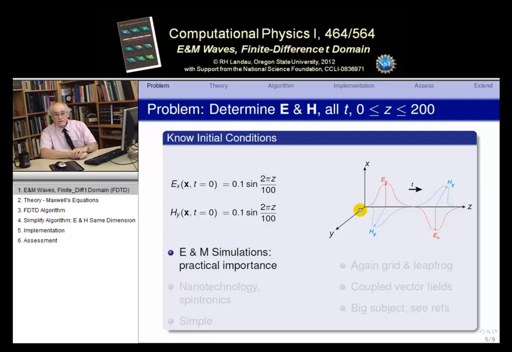So, that being said, this is an important subject. Electromagnetic simulations have tremendous practical implications and many applications. Practical devices, electronic devices, at the moment, nanotechnology, spintronics, they all solve these equations in much the way we talk about here. We don't require you to go out and buy a separate package.